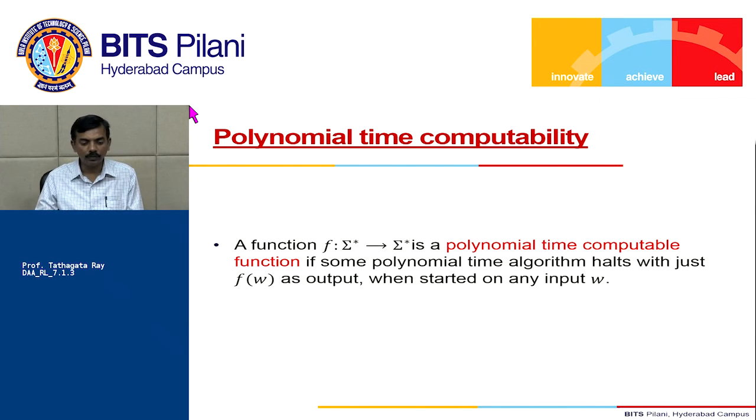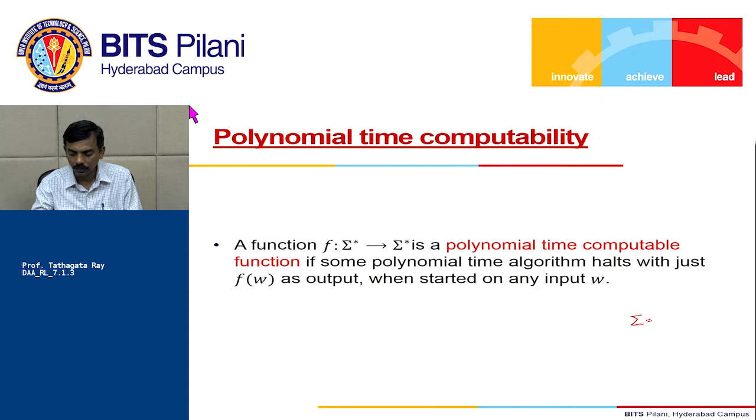Before that, we need to understand something called a polynomial time computable function. So a function f which is going from sigma star to sigma star. Here I just want to make a point: what is sigma star? Sigma is what we call the alphabet set.